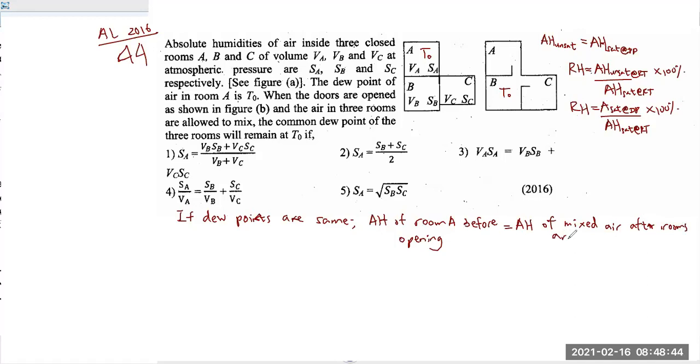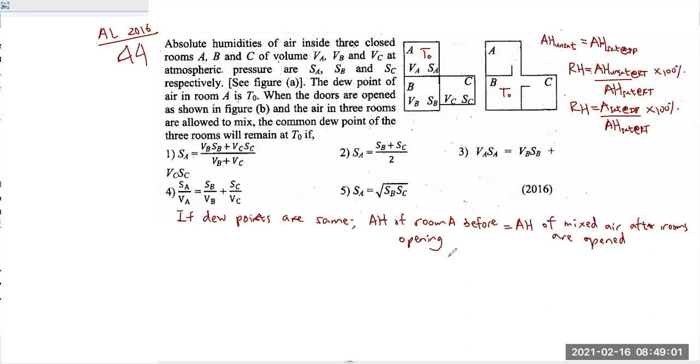They should be same. So when they give you two air samples, if the dew points for those two air samples are same, the absolute humidities of those air samples will be same. Right. Now, what is the absolute humidity of room A before opening?